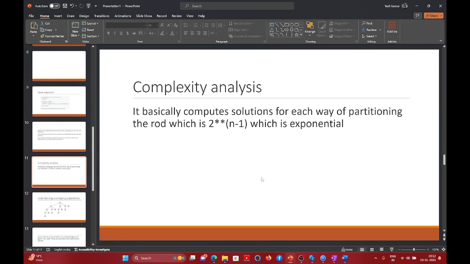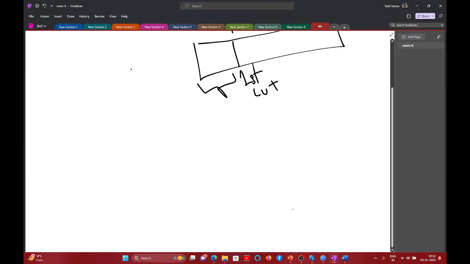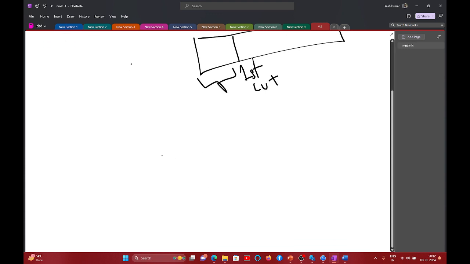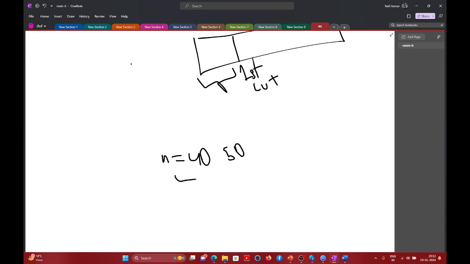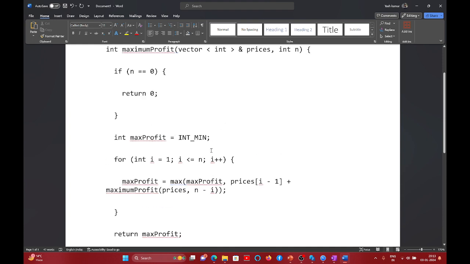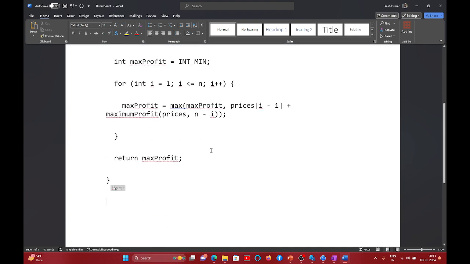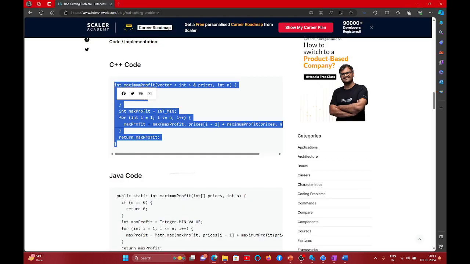That would be very bad for our case, because suppose we have n equal to 30 or 40, or 50 maybe, then it is far beyond the reach of normal computers, for example your desktop computers. So this is very bad. This is not a proper solution, time complexity wise it's not good.